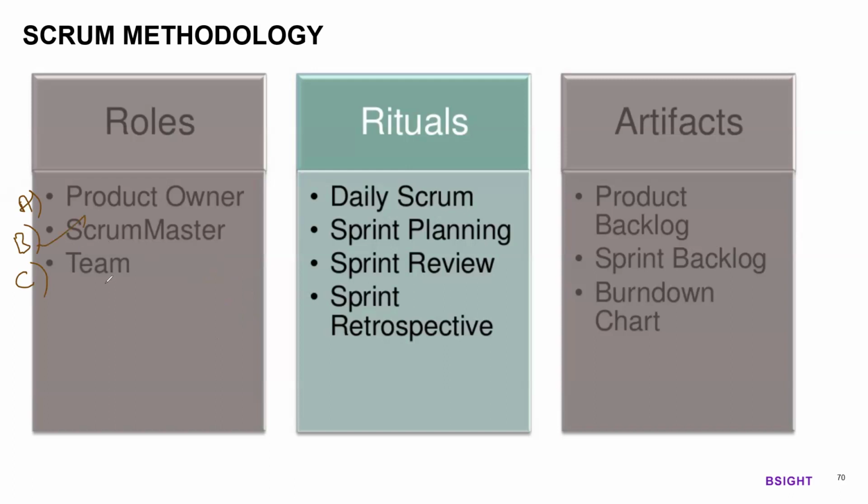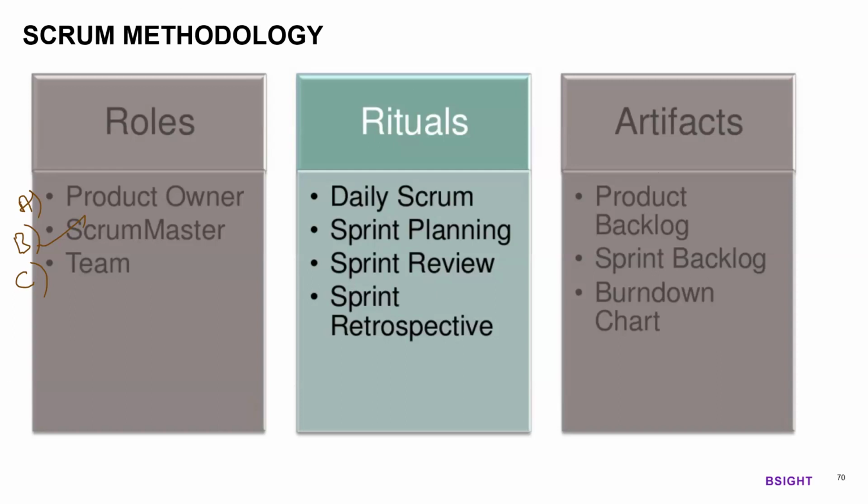Scrum Master is equivalent to a project manager. So, in the PMP exam, if it is a predictive project, you have to think as a project manager to answer those questions. If it is an Agile or Scrum project, then you have to think as a Scrum Master to answer the questions.